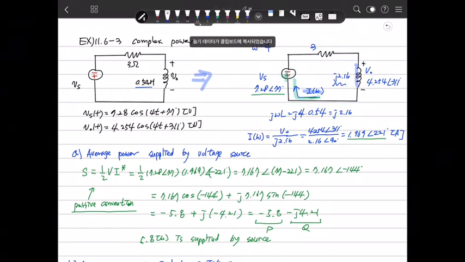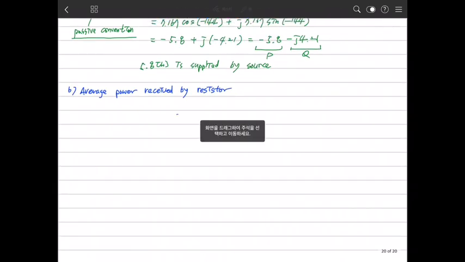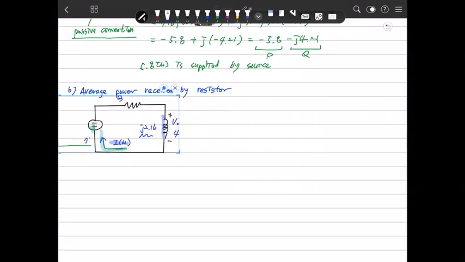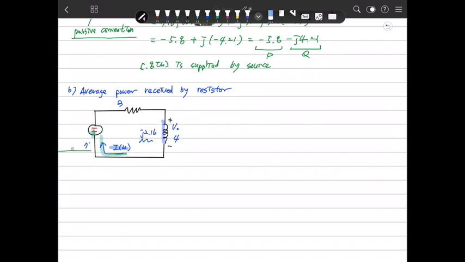Based on the calculation, we know that 5.8 plus j4.21 is supplied by this source.